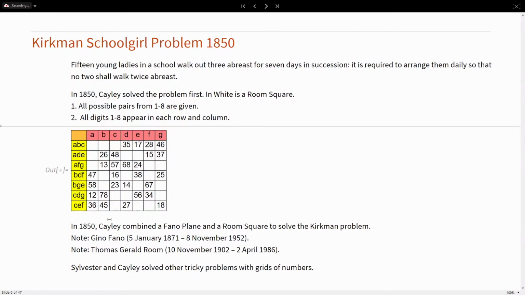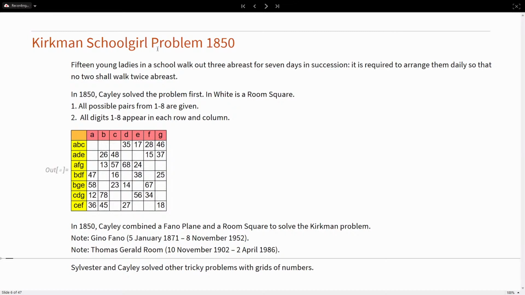And this was done in 1850, which was before these letters here are a Fano plane, and this item over here is a room square, but Cayley developed this before either Gino Fano or Thomas Room were born. So this is a nice example of somebody else getting credit for what somebody previously had done.